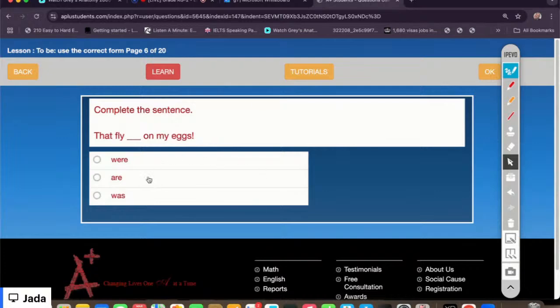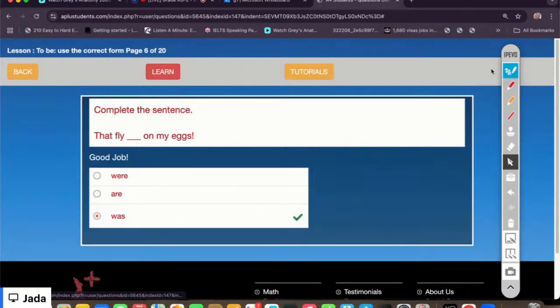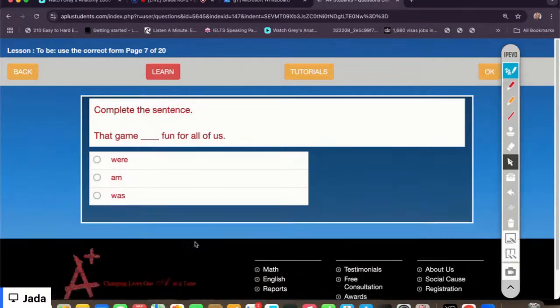Okay, so that fly was, because it's just one fly.